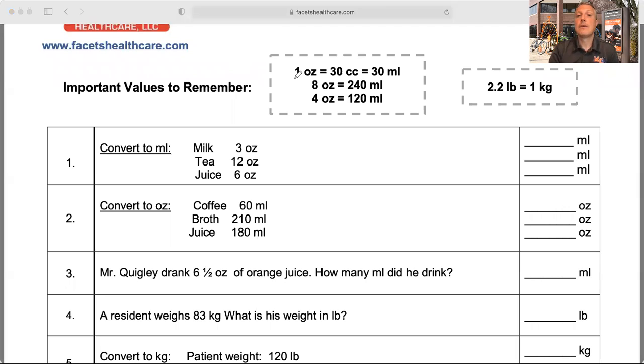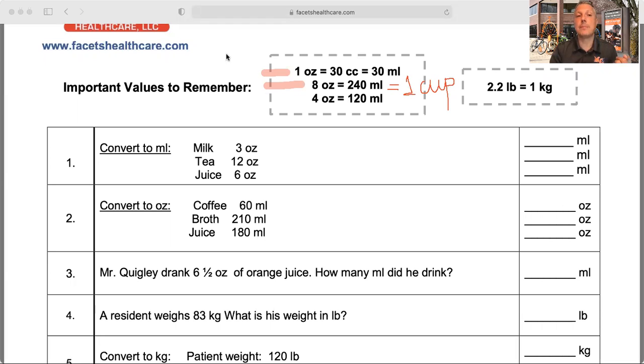We have our ounce, that is 30 mLs, and that's one of the first go-tos when you're doing your conversions. We also have 8 ounces, which is 240 mLs. If you wonder why 8 ounces, it's because this is also 1 cup. So the 1 cup is equivalent to the 8 ounces, which is equivalent to 240 mL.